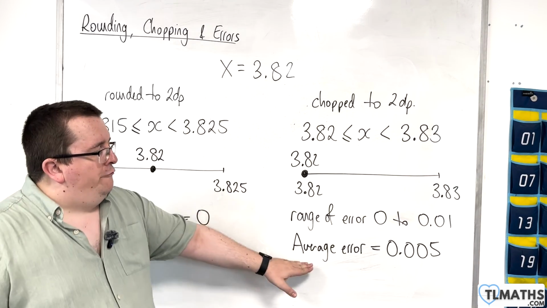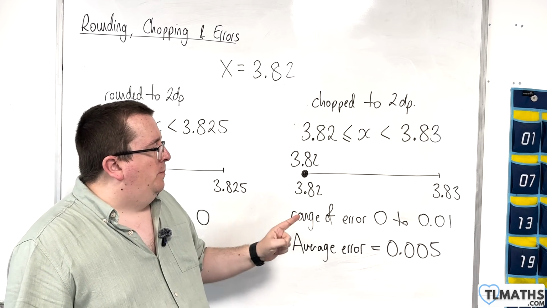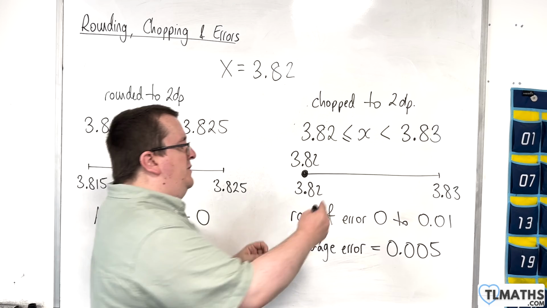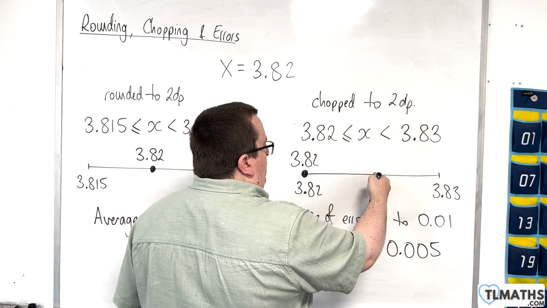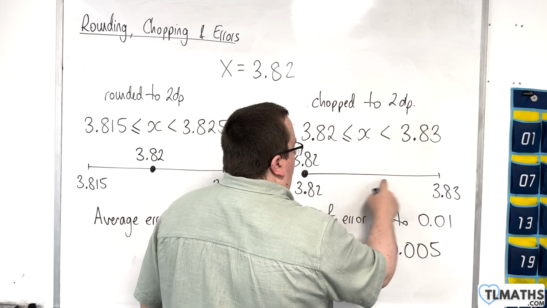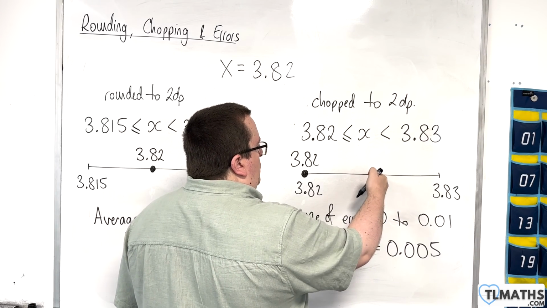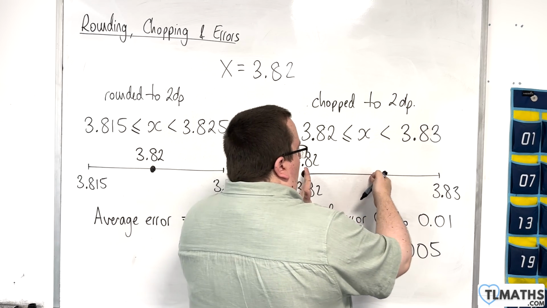So on average, the error that you're going to get from chopping will be that added on to the 3.82. So it's 0.005 away from the 3.82. You'd expect that all those errors, if you added them up and averaged them out, would get you this average distance, so halfway along your number line.